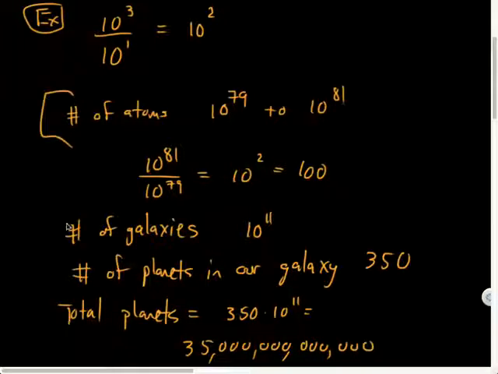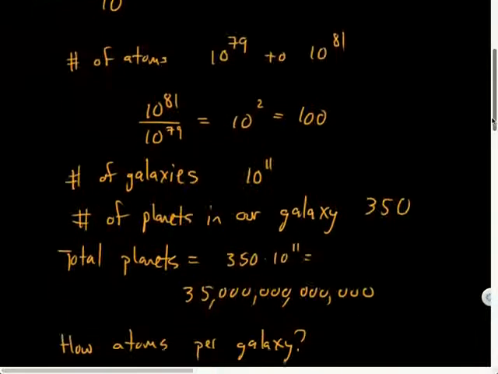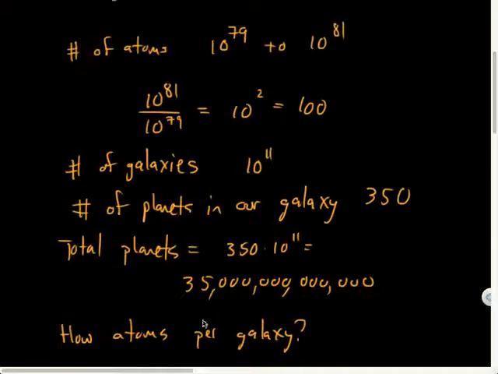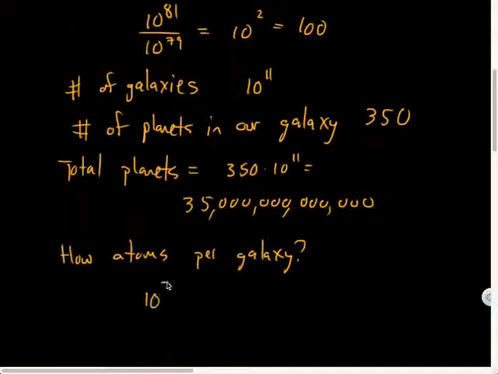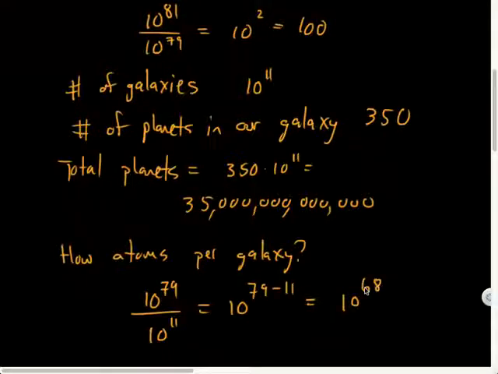So I'm comparing this guy and this guy: 10 to the 79th and 10 to the 11th. Per. What operation does per suggest? Division. What am I dividing? Atoms by galaxies. So I'm going to do 10 to the 79th divided by 10 to the 11th. So what would I do with those exponents? So is that 10 to the 68th? This is the number of atoms in a galaxy on average, I imagine.